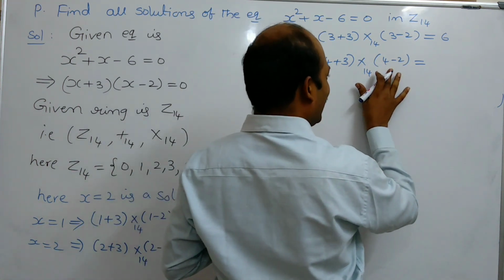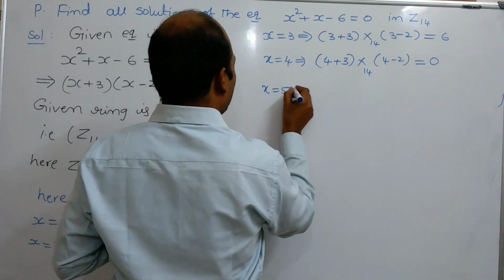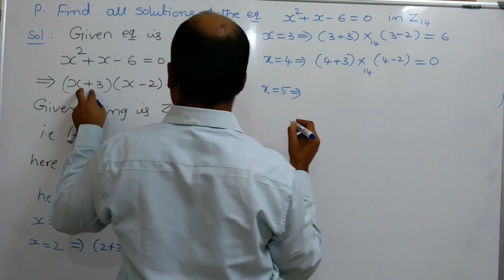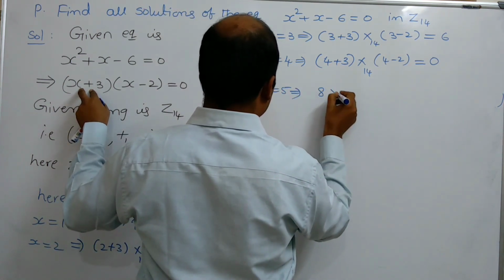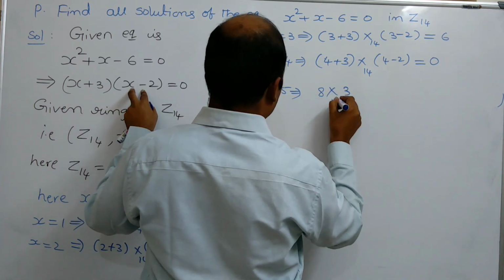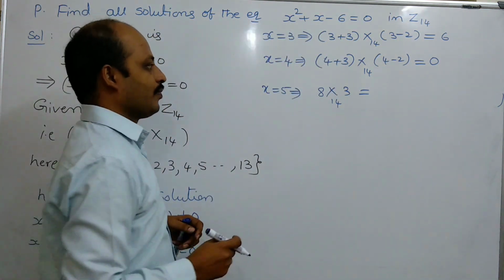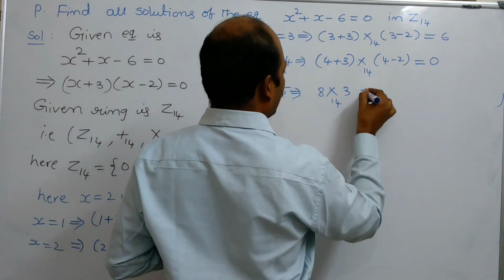7 2s are 14, 0. And x is equal to 5. Let us write directly. 5 plus 3, 8, into 5 minus 2, 3. Multiplication modulo 14. 8 3s are 24.